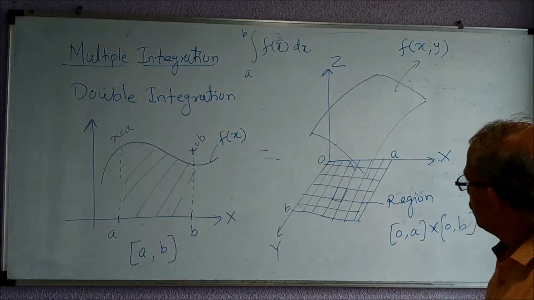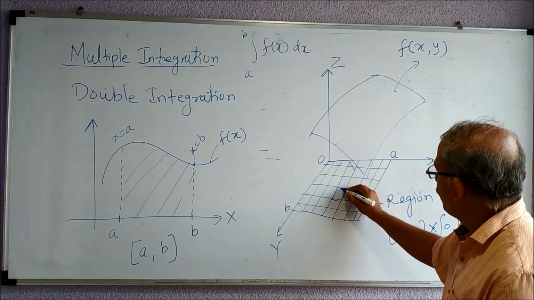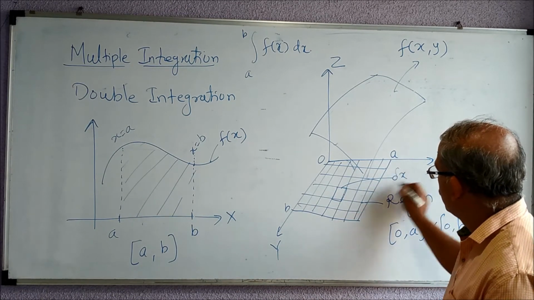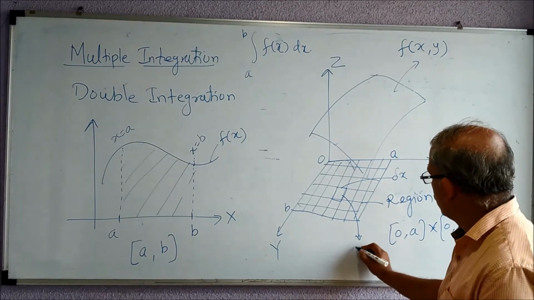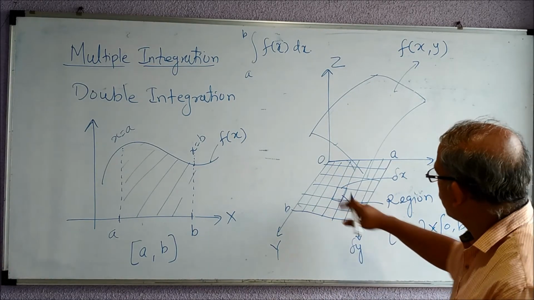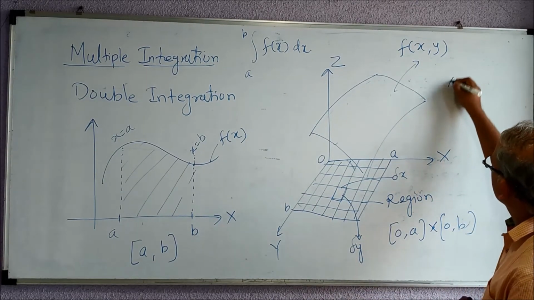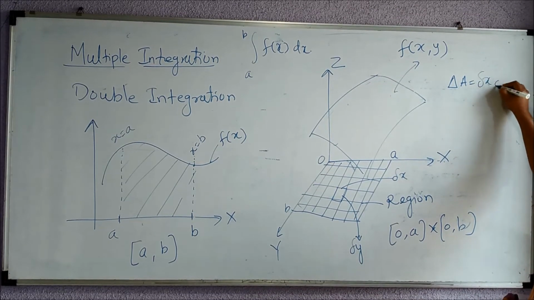We say that every small region has width delta x and length delta y. Then what will be the area of this particular region? The area, delta A, will be delta x into delta y.